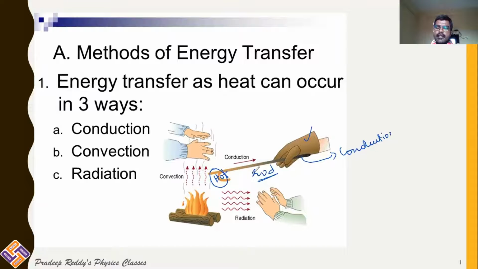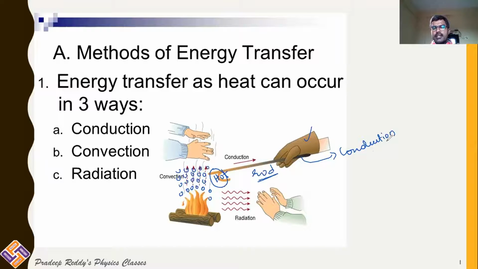In solids, heat transfer takes place by conduction. Mostly in metals, heat transfer takes place by the process of conduction. And the next is convection. In the process of convection, the air molecules present near this fire get heated up and their volume increases.